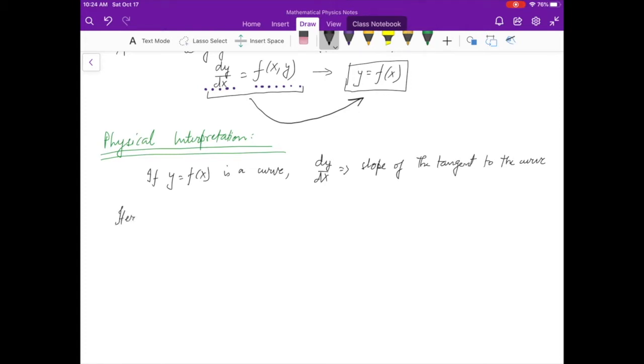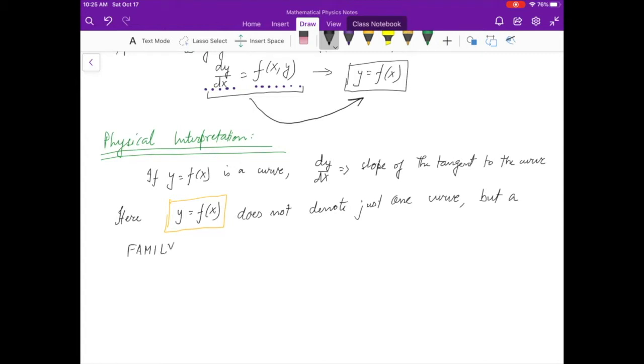Okay. So here y equals f(x), as we will shortly see, is also the solution of the differential equation, and does not denote just one curve, but a family of curves.